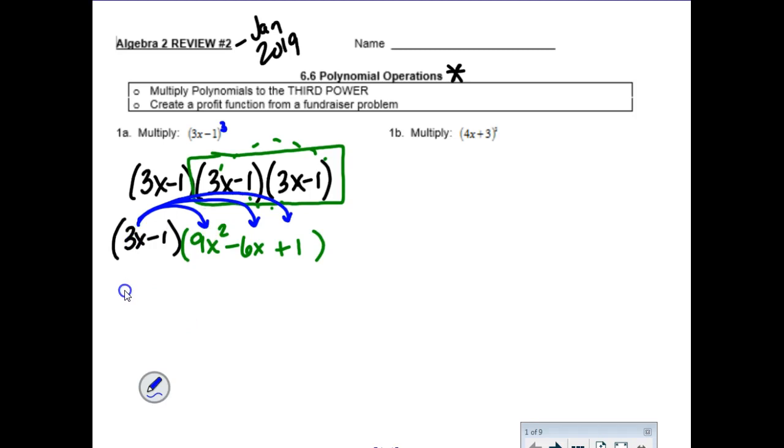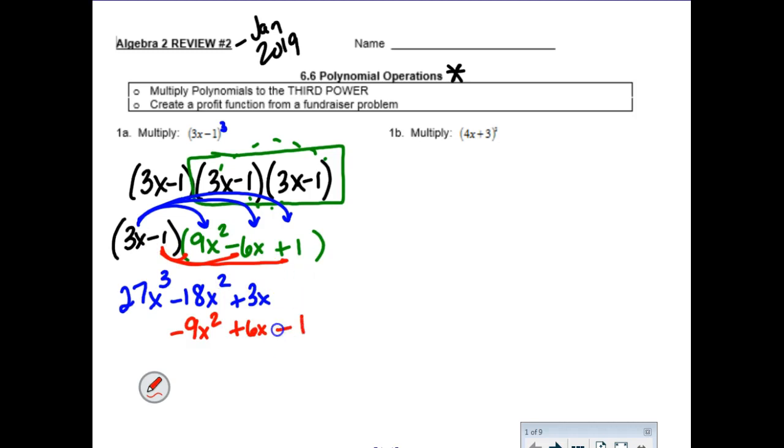So let's see here, that's 27x to the third minus 18x squared, go slow here, and then plus 3x. Then we're still not done because now you have a negative 1 that you need to distribute into everybody. So we have negative 9x squared, which I'm going to write right here, and then plus 6x, and then minus 1.